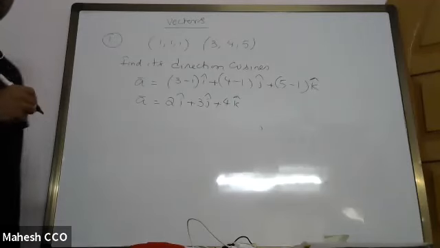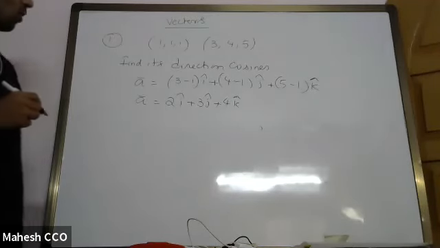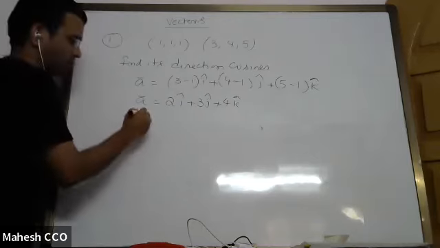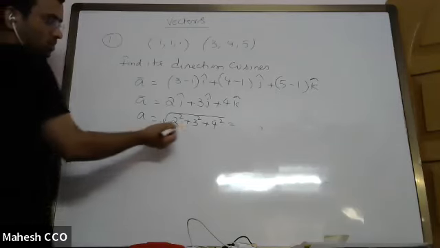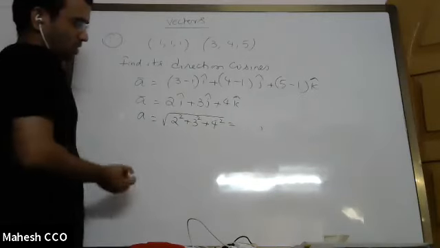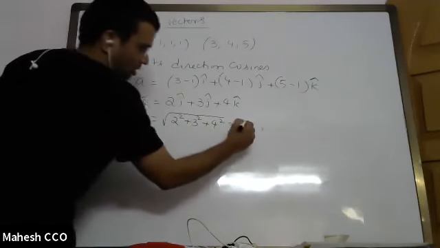So the components of this vector are 2, 3 and 4. The magnitude of this vector is equal to 4 plus 9 is 13, 13 plus 16, which is 29.